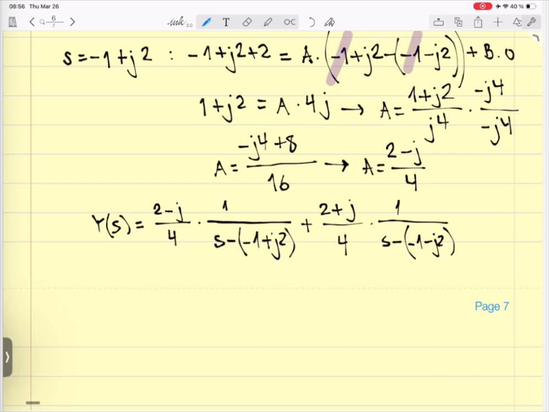Applying the inverse Laplace transform, we would get the solution.